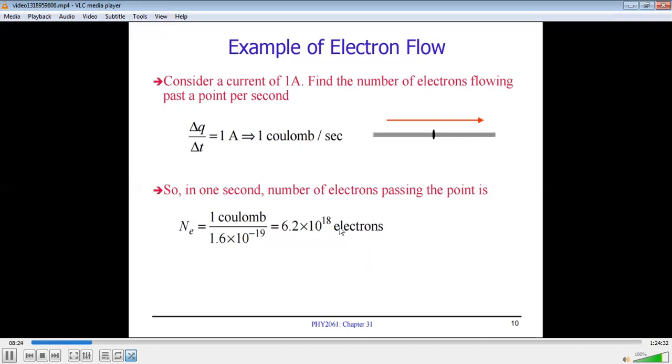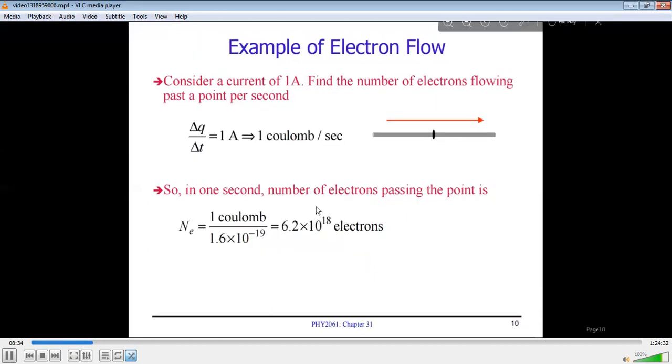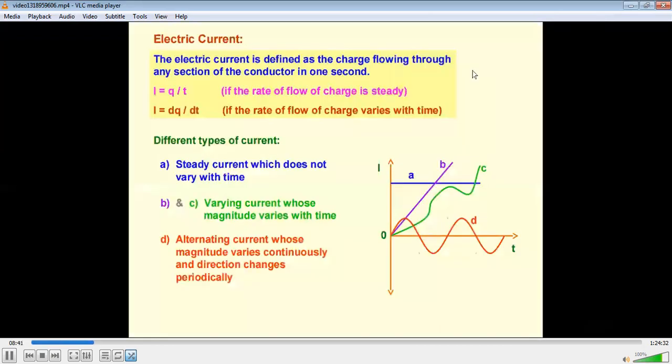So how many electrons will it be? 6.2 times 10 to the power 18 electrons in 1 second. This amount of electrons passes through the wire. Now current and electron drift speed or drift velocity. So this is the example of the amount of electrons.